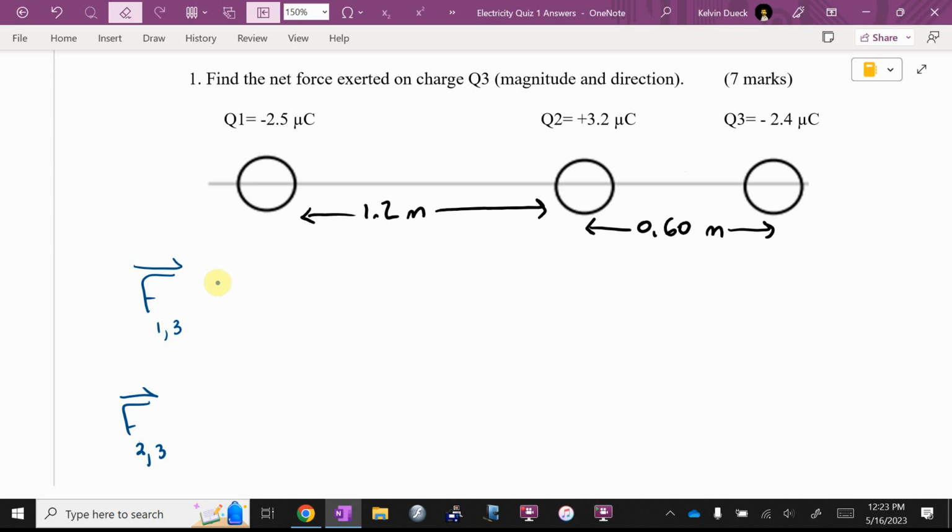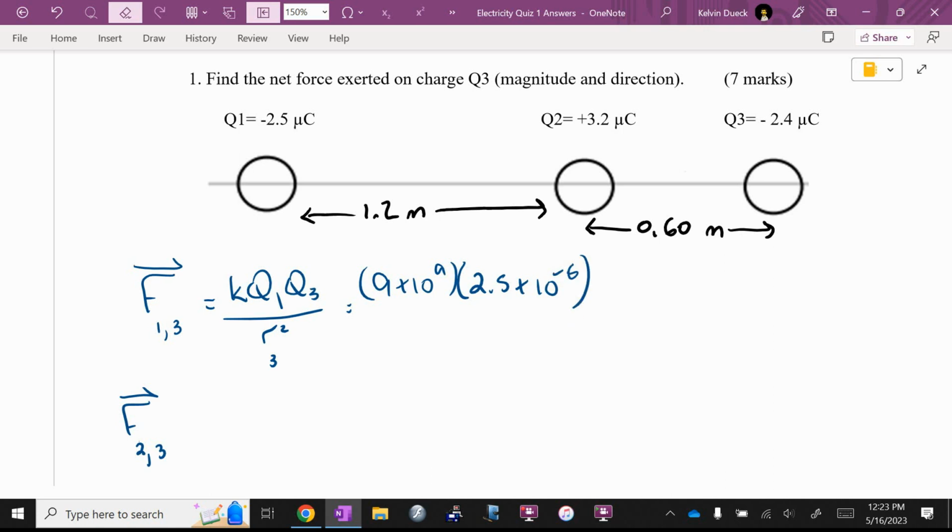So that's going to end up being K, Q1, Q3 over, I'll call it R3 squared. That's going to be 9 times 10 to the 9th, Q1, 2.5 microcoulombs. I don't need to put the negative in. The negative is going to be used to help me figure out whether it's like repel or unlike attract.